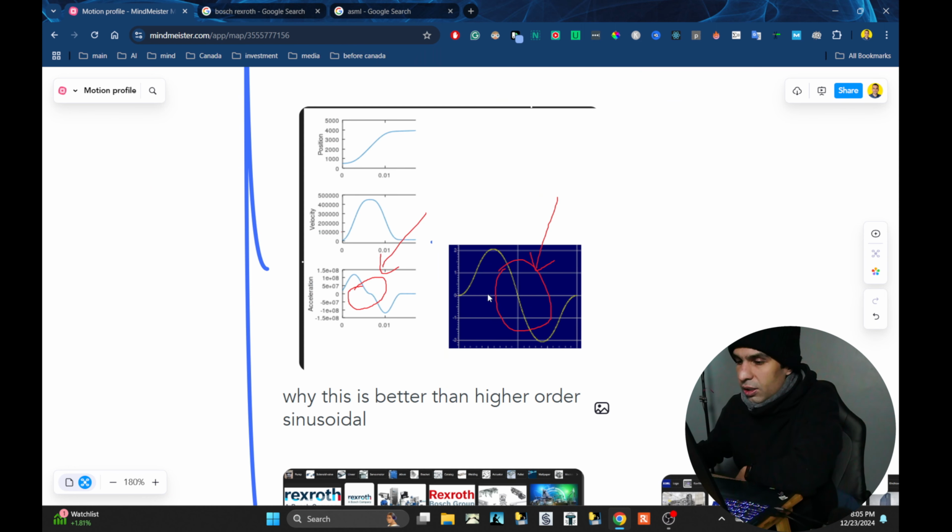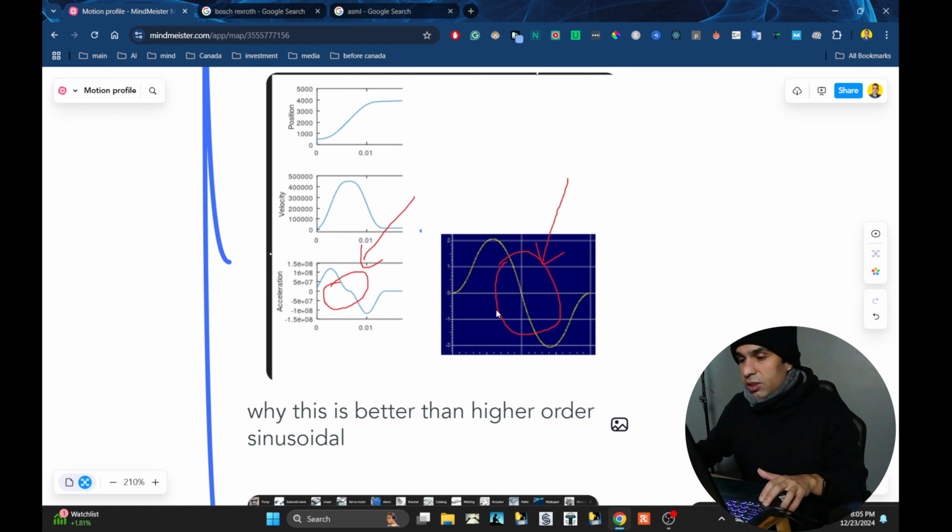But the good thing is this one is better than the higher order sinusoidal. In the next video I will discuss sinusoidal, and the video after that I will talk about the higher order sinusoidal. But this one will definitely outperform the higher order sinusoidal. What is the reason?